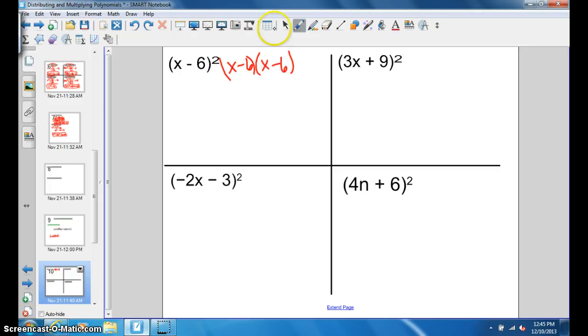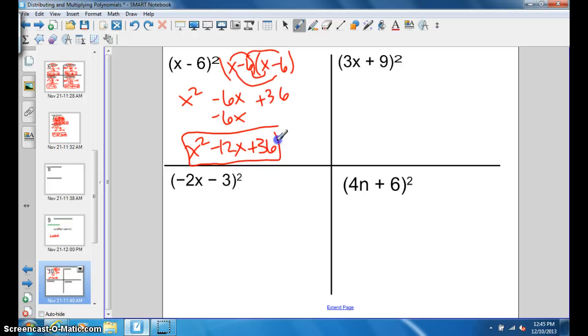Okay, it's another way we can look at it. So let's FOIL this. When we FOIL this, we get first, which is x squared, outside is negative 6x, inside is negative 6x, and last is positive 36. So we get x squared minus 12x plus 36.